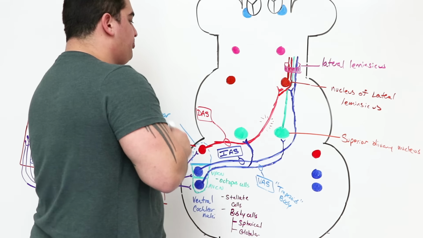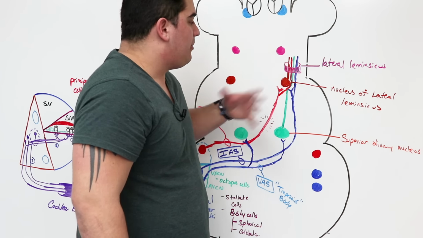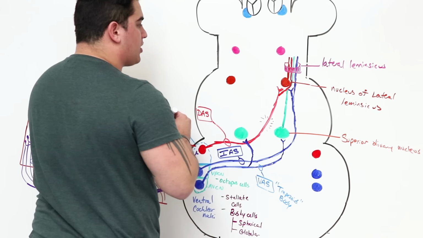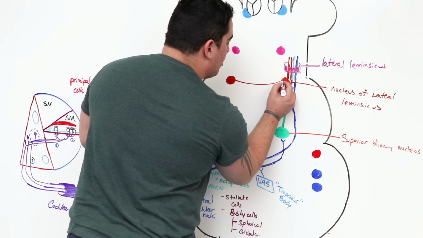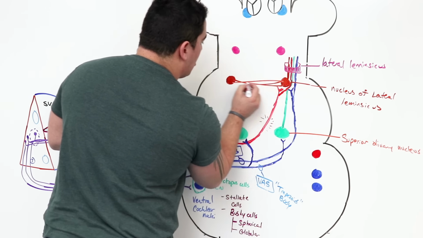Okay? Now, as these guys go up, there's some interesting things that can happen. There can be some crosstalk between the actual nucleus of the lateral lemniscus from both sides. That's really interesting. Because hearing is not just purely ipsilateral.